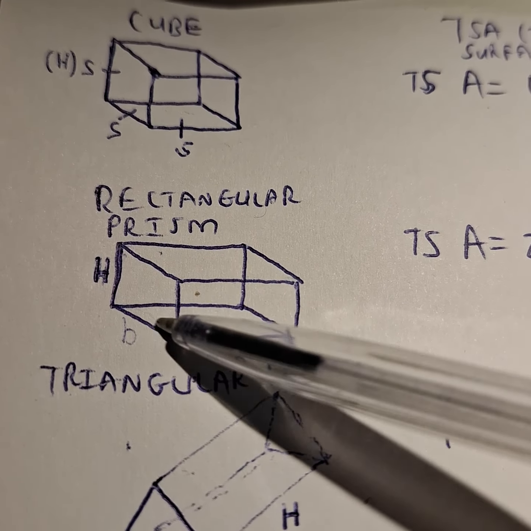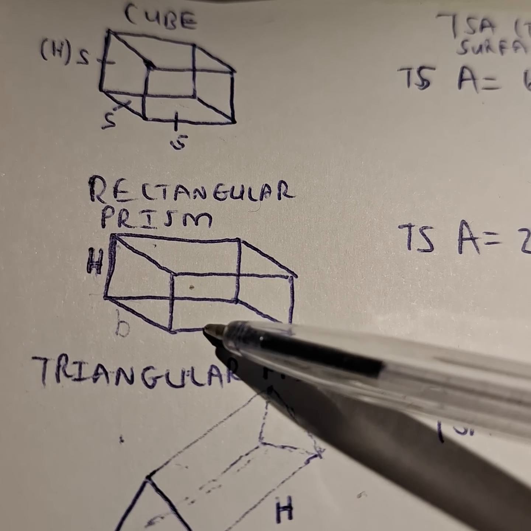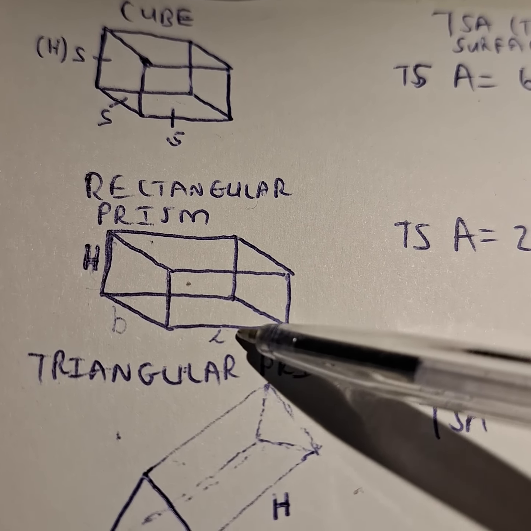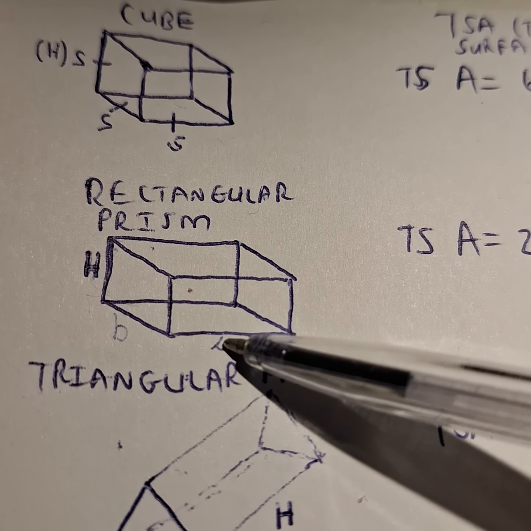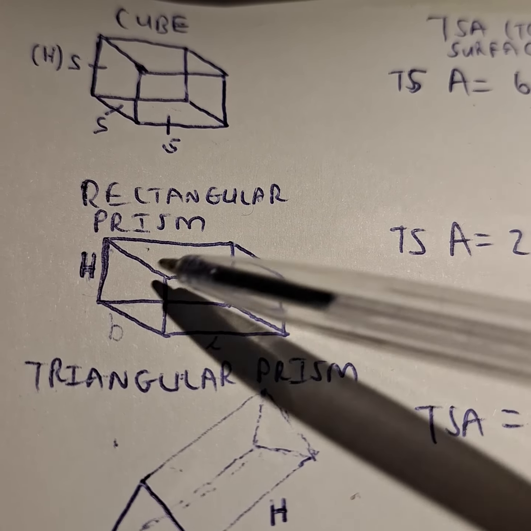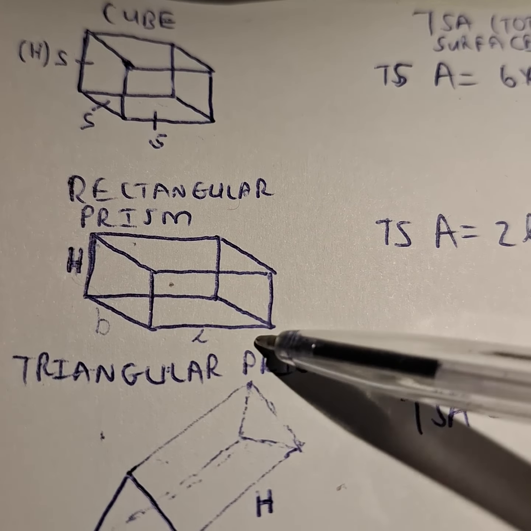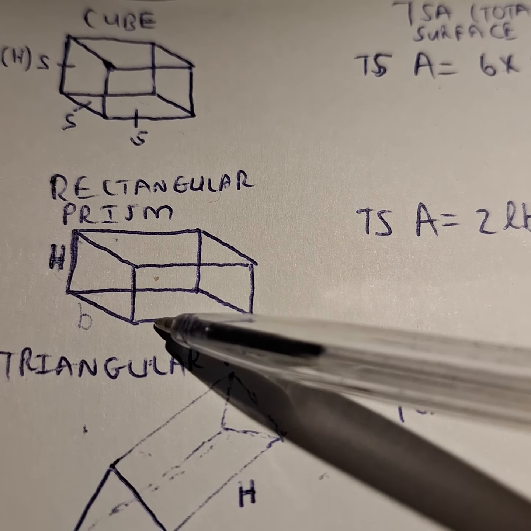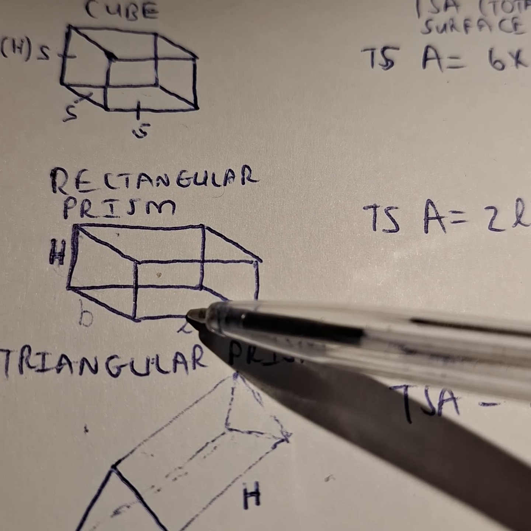It's resting on the floor with this base, length times breadth, base at the bottom. So length times breadth, this length times this breadth. This rectangle has a congruent rectangle at the top. So this is really the base. This is the rectangular base that is the same as well. This is the rectangle that is similar to the base.